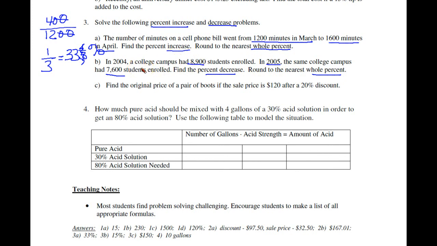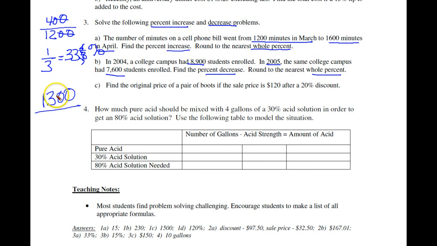So it's going to be, in my calculator, 8900 minus 7600 gives me 1300. Now that's the amount of decrease.